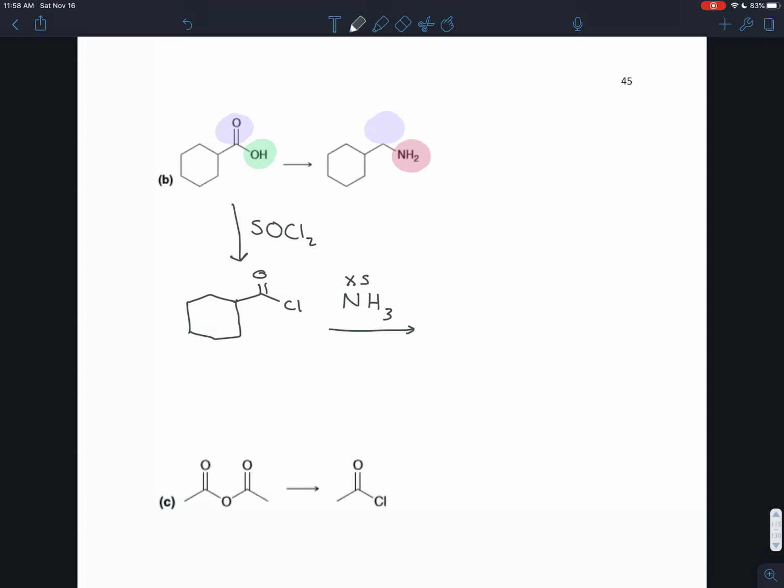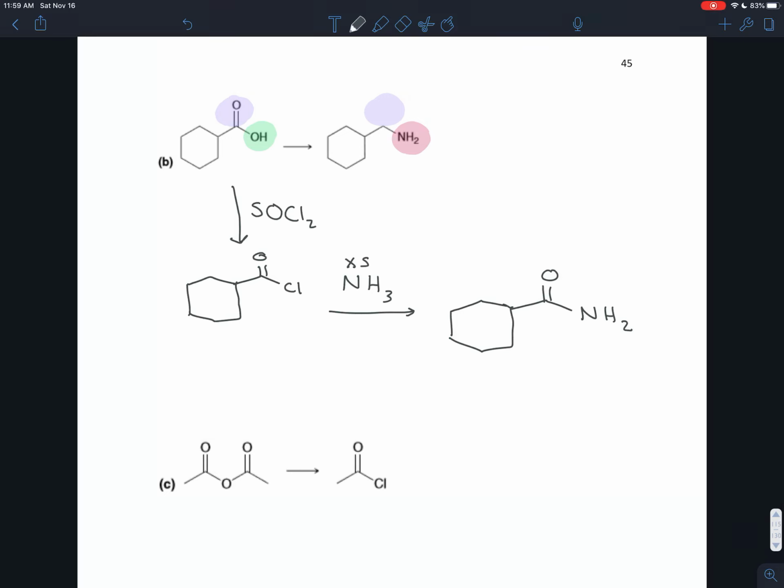And keep in mind you'd want to use excess ammonia because you're going to do a proton transfer to take one of the H's off there. So that will do a nucleophilic acyl substitution. You'll replace the chlorine with the nitrogen. Notice that there's only 2 of the 3 hydrogens because the extra ammonia took off one of the hydrogens in a proton transfer reaction to stabilize the charge.